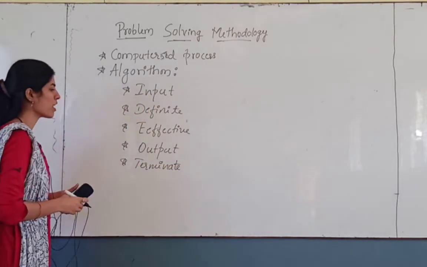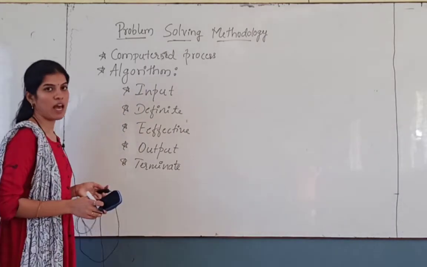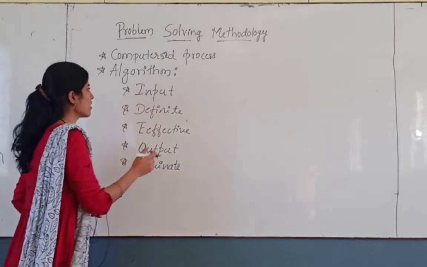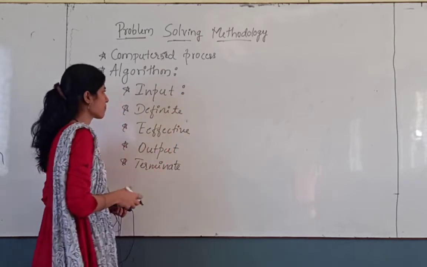These are the main 5 characteristics of the algorithm. Okay, we see them here one by one.